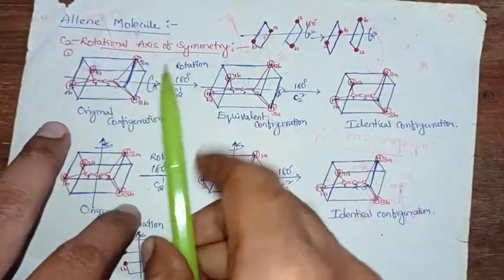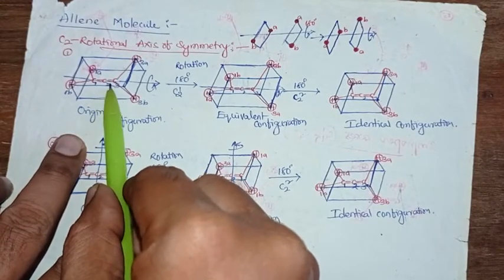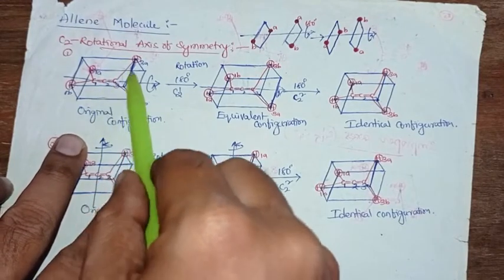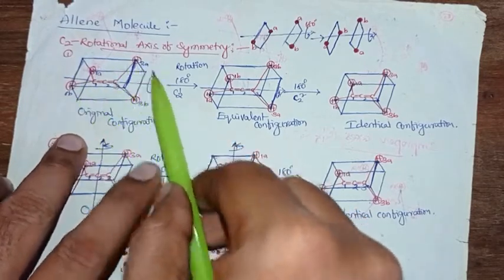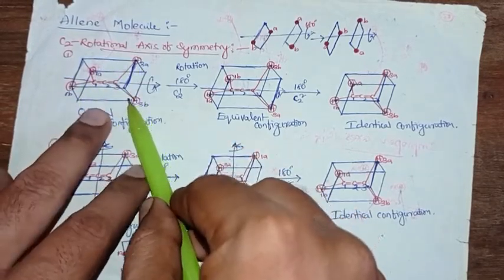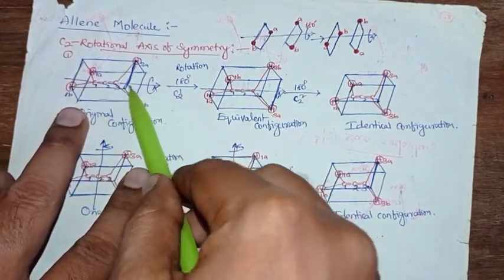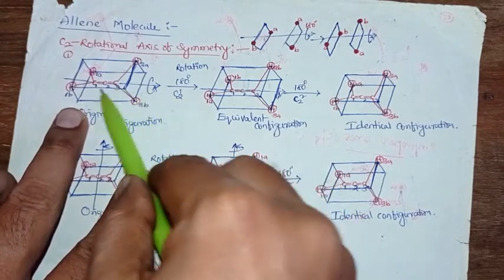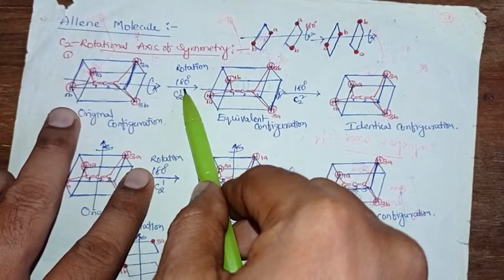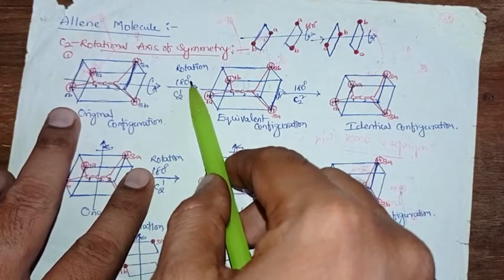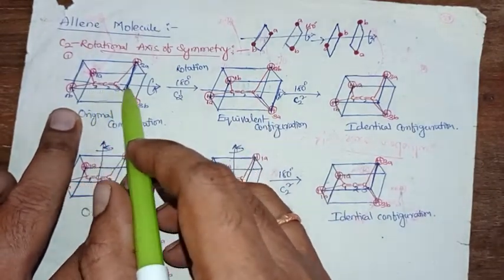In the allene molecule, the carbons are in the middle, carbon 1, 2, 3, and the hydrogens are arranged in alternate positions of a rectangular cube, where we apply an axis passing horizontally through all the carbon atoms and do a 180 degree rotation.